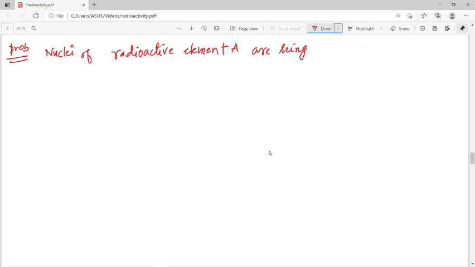The problem is, say, that nuclei of radioactive element A are being produced at a constant rate alpha.